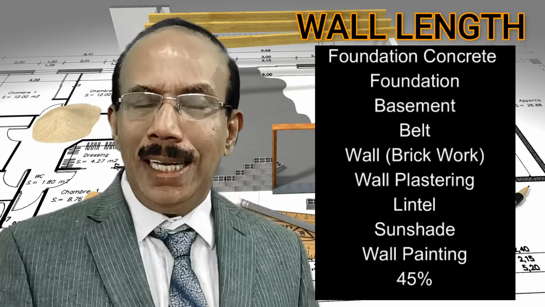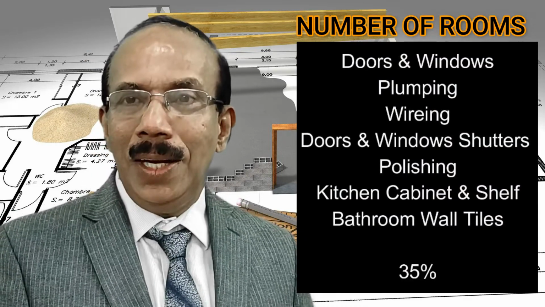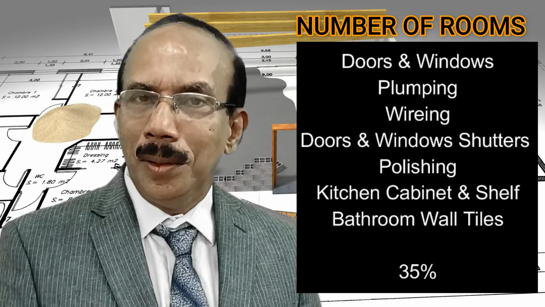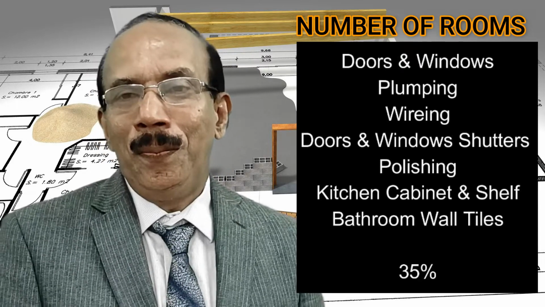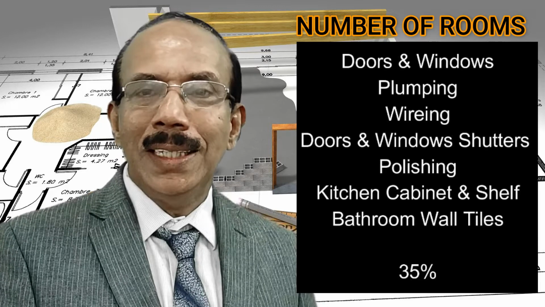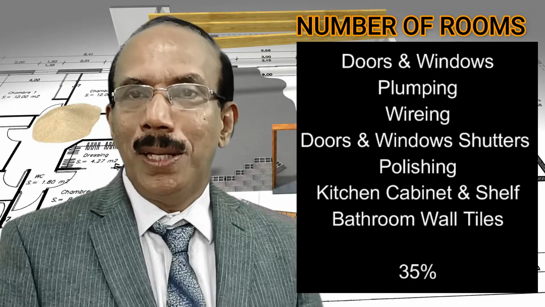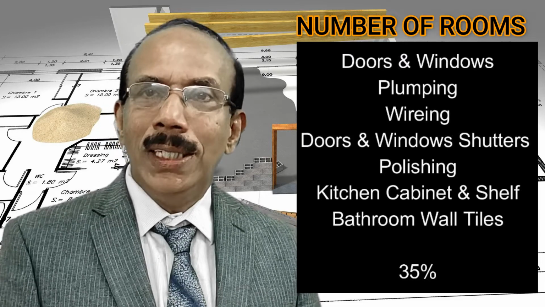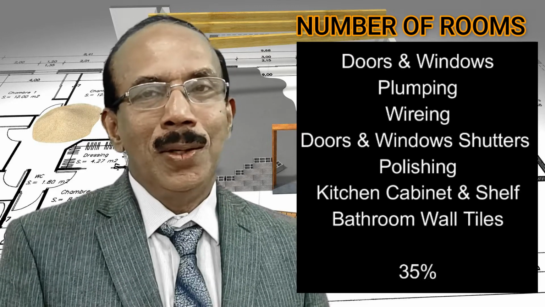And next, analyze the third part, that is number of rooms. In part A, no part is depending upon number of rooms, and in part B, only one part is depending upon the number of rooms, that is doors and windows, and part C, the first 6 parts, plumbing, wiring, doors and window shutters, polishing and painting of doors and windows, kitchen shelves and cabinets, bathroom walls.